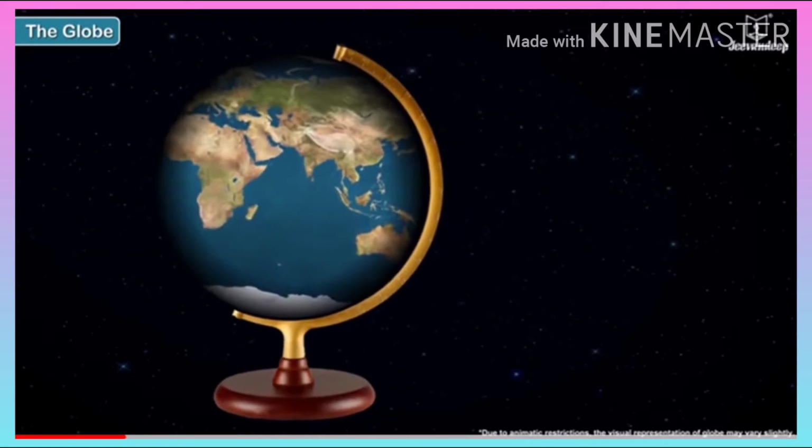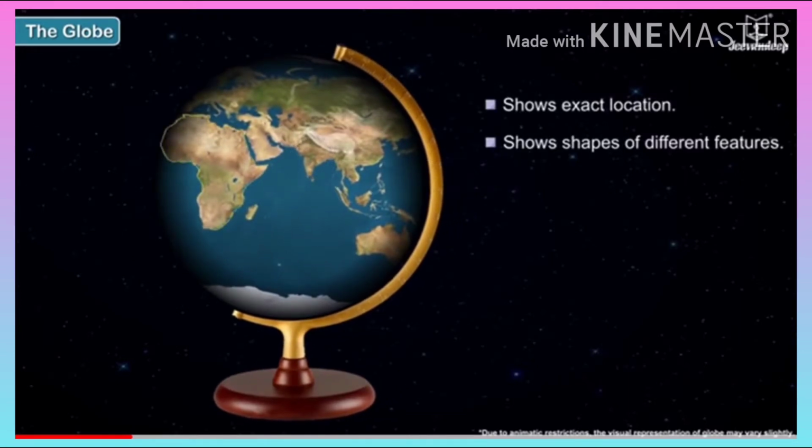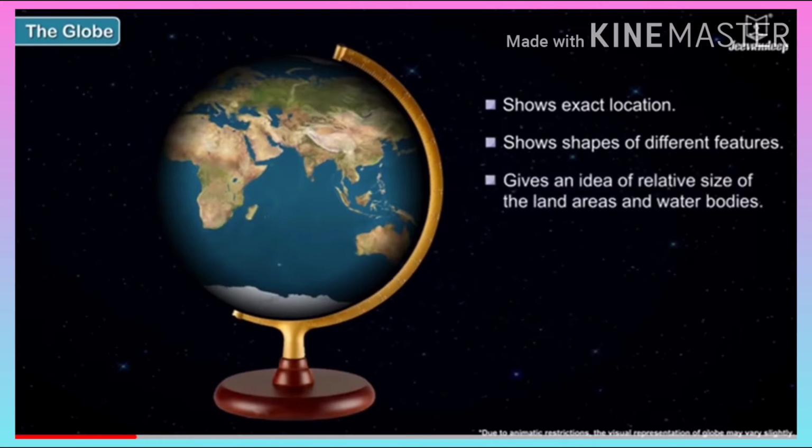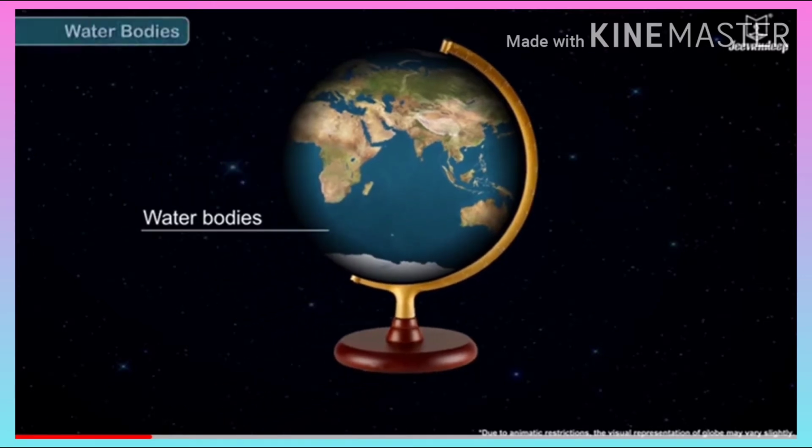A globe shows the exact location, shapes, and gives an idea about relative size of all the land areas as well as water bodies on the Earth. Water bodies.